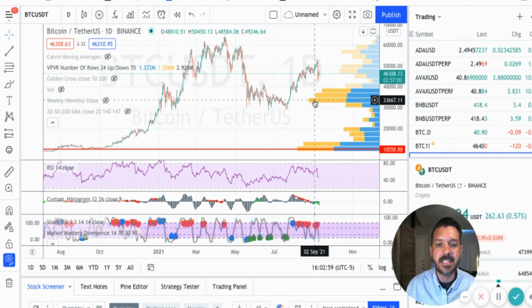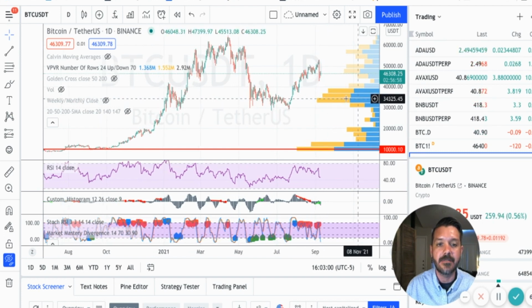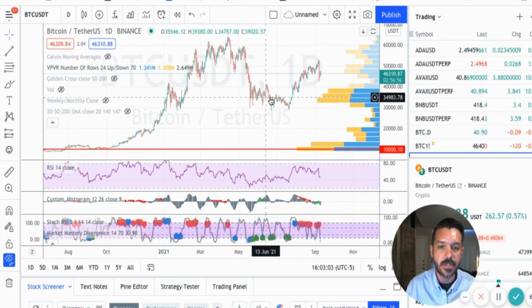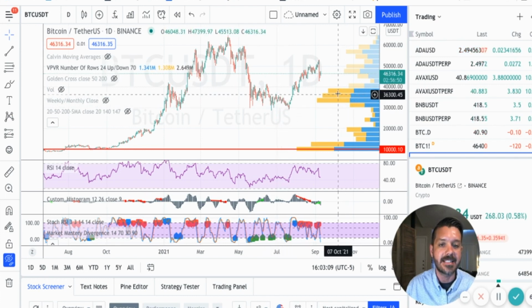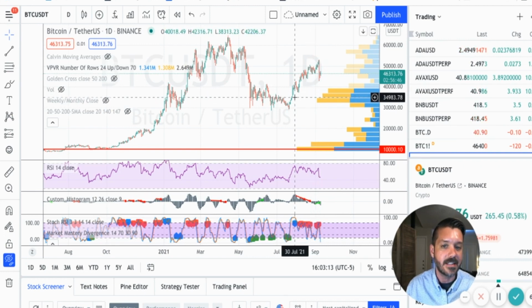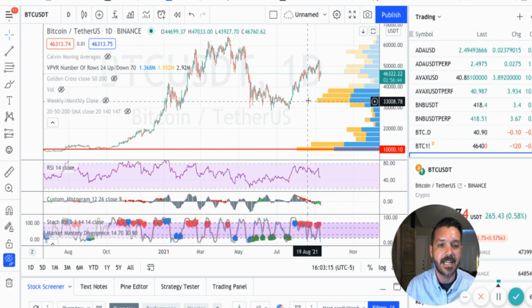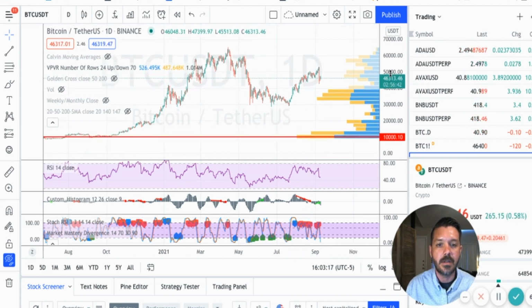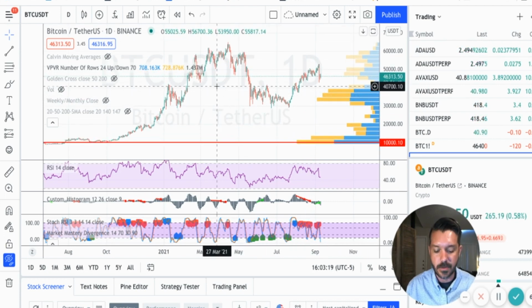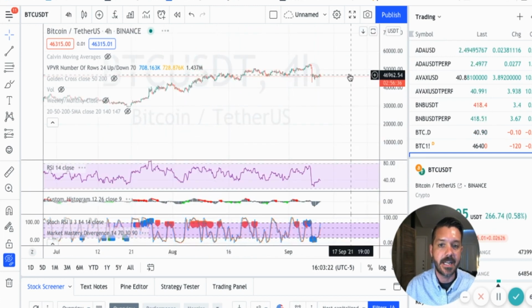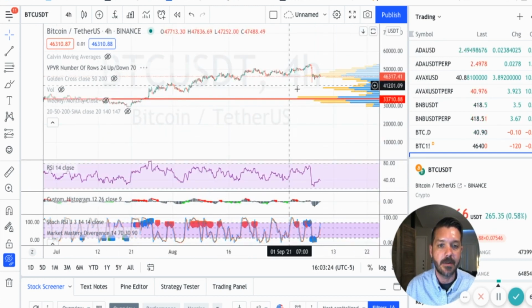And so you can see where there have been a lot of selling and buying, that usually indicates a layer of support or resistance. And so we can use this as an area of confluence to help understand the story that the price action is telling us. And as we drill into different time frames, so if we went to the 4-hour, this is going to adjust to the time frame that we're showing.